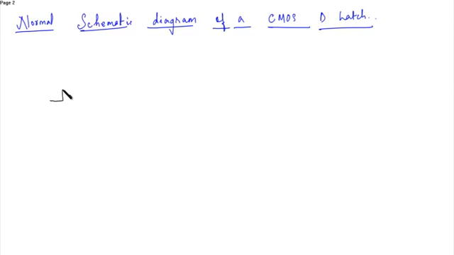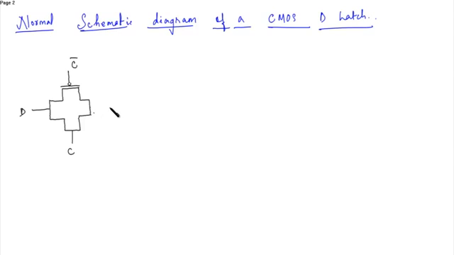Suppose this is transmission gate 1. This is C and this is C bar, input D, and this is the output.